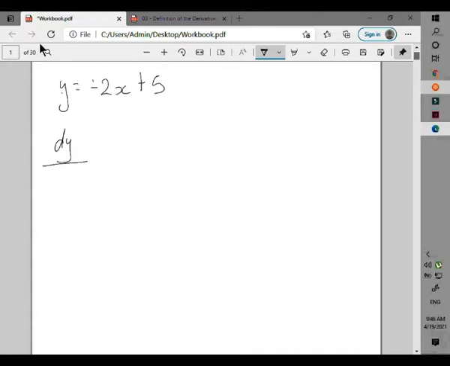dy upon dx is equal to the limit as delta x approaches 0. Now, this delta x here is the same as h. However, from the research that I've done, whenever you're given y, you use delta x mapped onto 0.